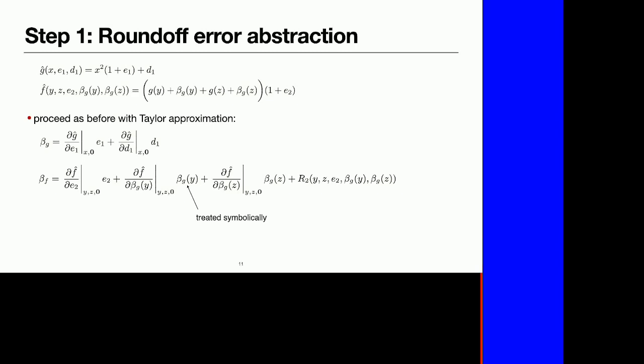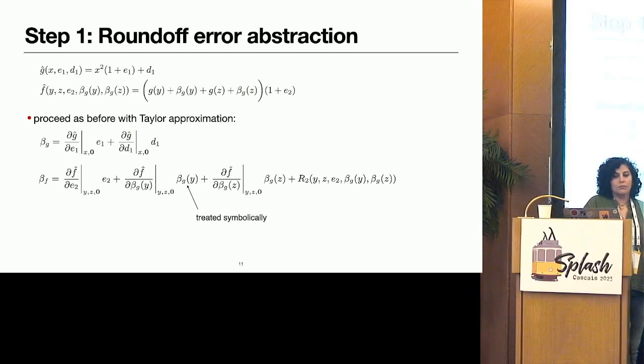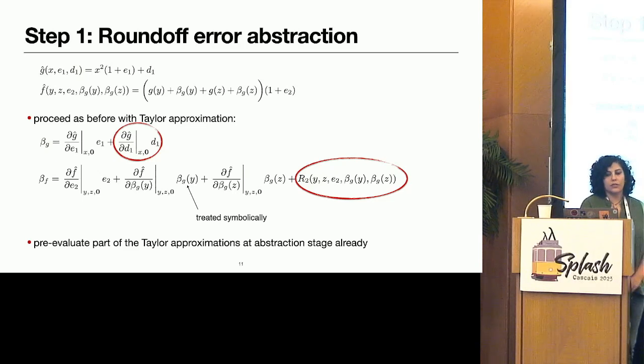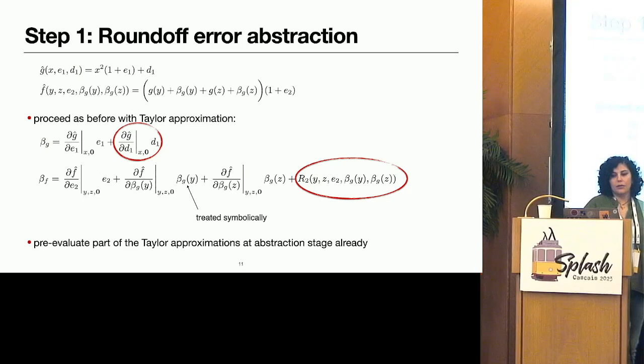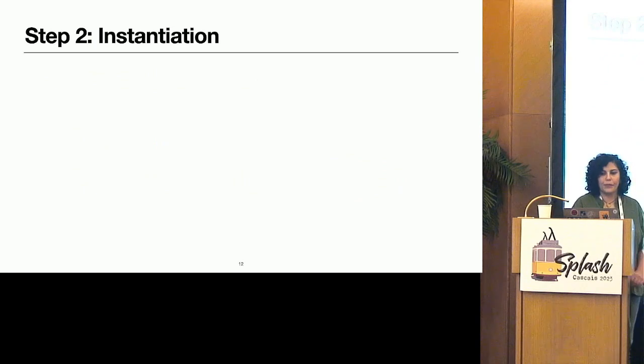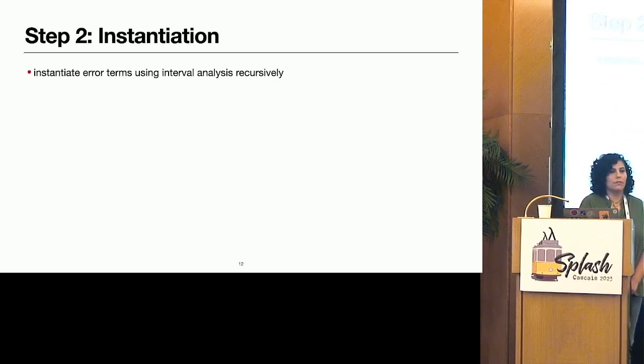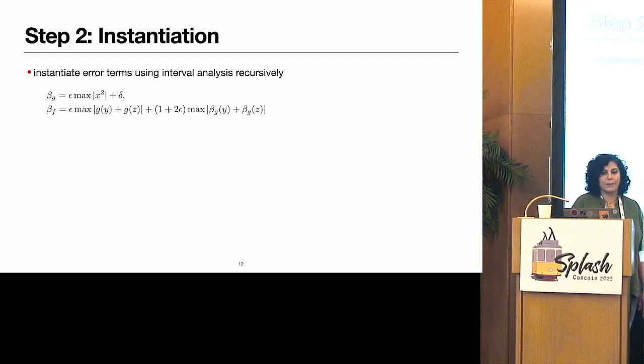Specifically, we are evaluating the first order derivatives with respect to the normal errors and also the remainder terms that do not have any beta terms themselves. In step 2 of our analysis, the instantiation step, we instantiate the error specification of each function recursively using its input domain.